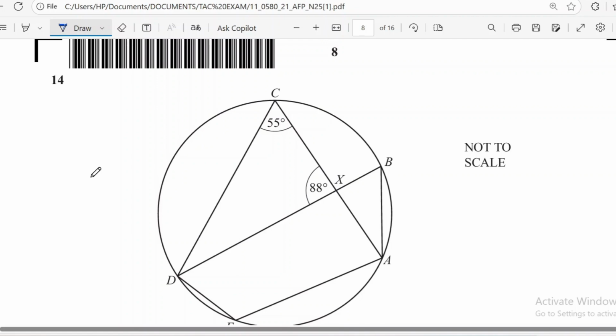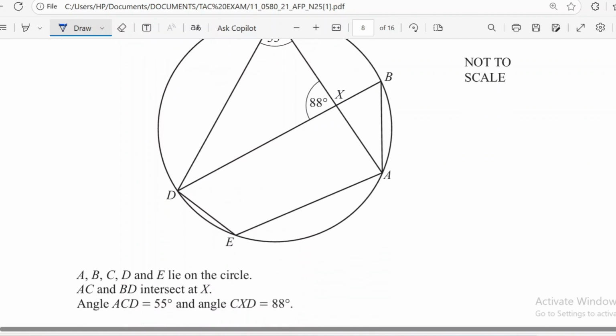Question number 14, we are given a circle here and we are told that the points A, B, C, D, and E lie on the circle.